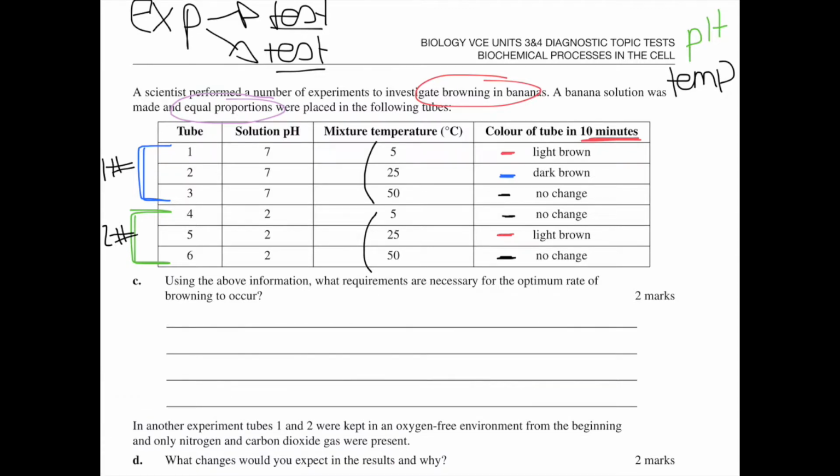So hopefully you can see that the condition which was the most optimal for that enzyme was where the darker brown occurred. Okay, so we have a look here. It's test tube 2, pH 7, temperature 25. So that is the optimal range for that enzyme because we saw the most change.